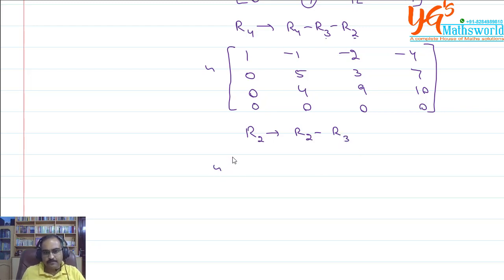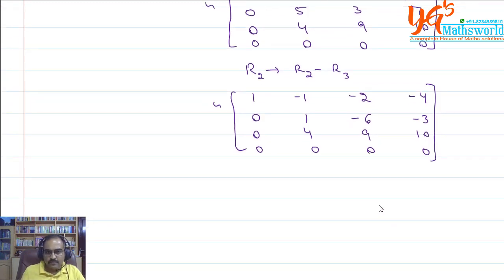It will be 1, -1, -2, -4, 0, 5 minus 4, 1, 3 minus 9 minus 6, 10 minus 7 minus 10 minus 3, 0, 4, 9 and 10, 0, 0, 0 and 0.